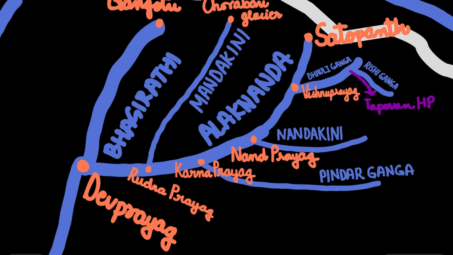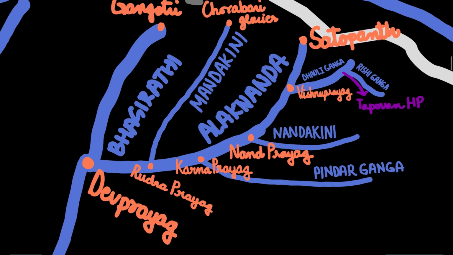After that, there is another glacier called the Choravari Glacier, near the very famous Kedarnath, and from there Mandakini emerges. Mandakini then meets Alaknanda at Rudraprayag, and obviously from Gangotri Glacier, the Bhagirathi meets Alaknanda at Devprayag.